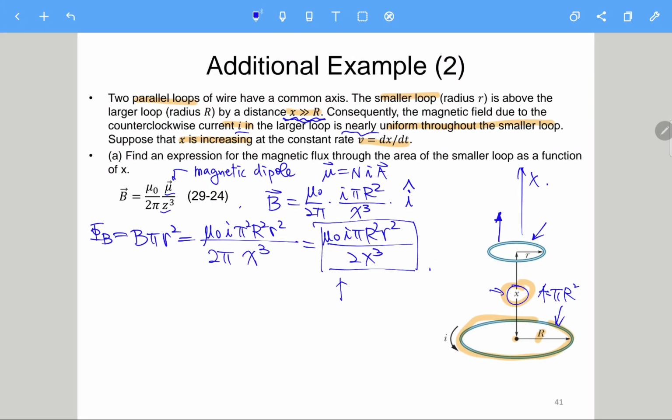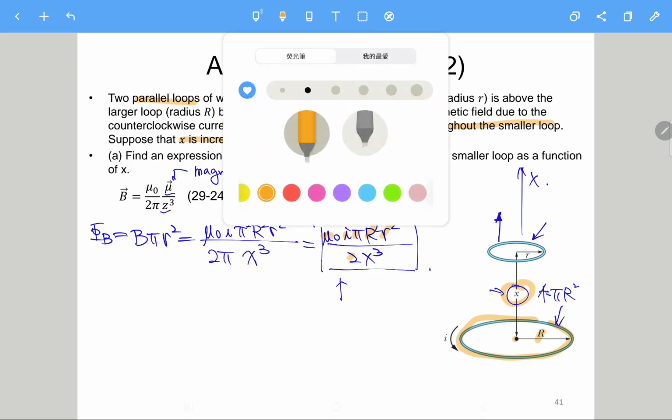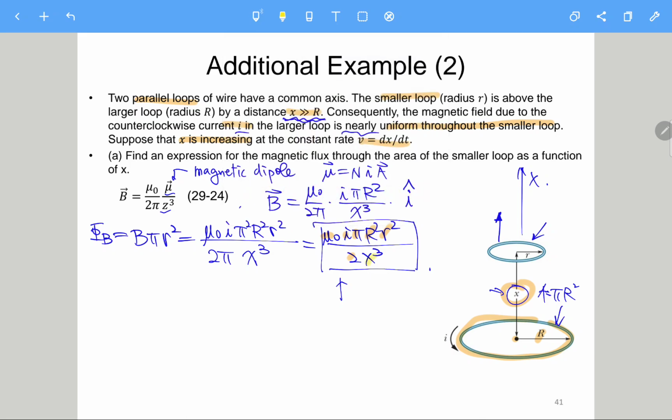You can see mu naught is a constant, I is a constant in this example, pi is a constant, capital R squared and the 2 are all constant. So the only non-constant term is this x cubed.